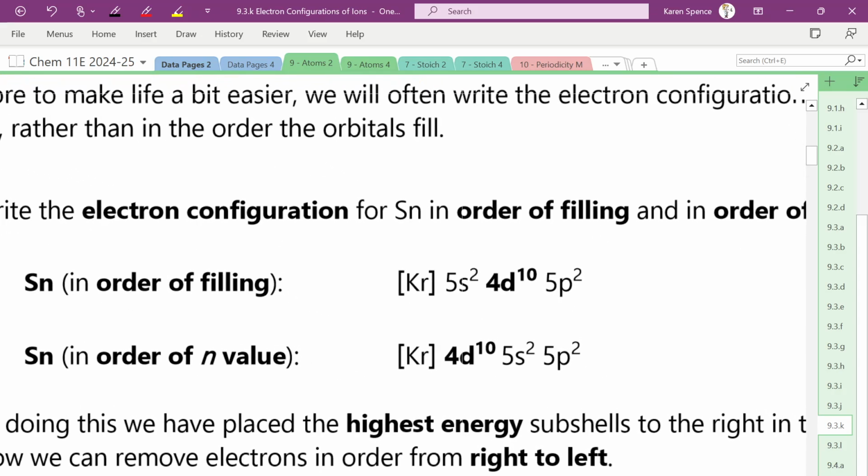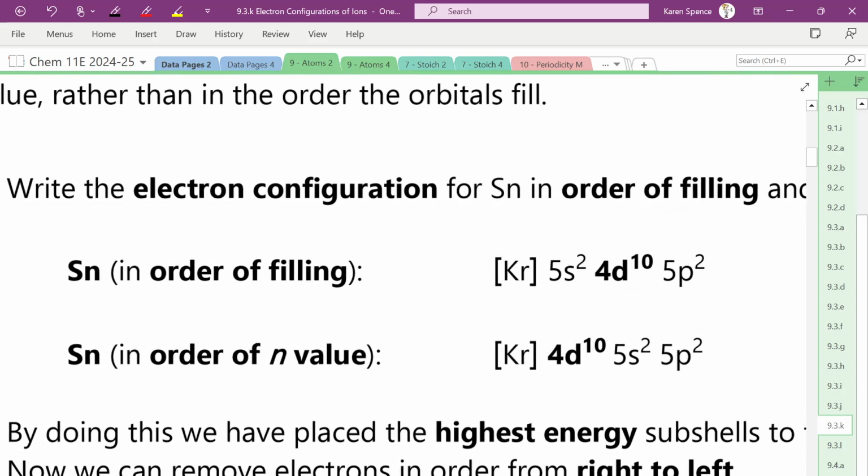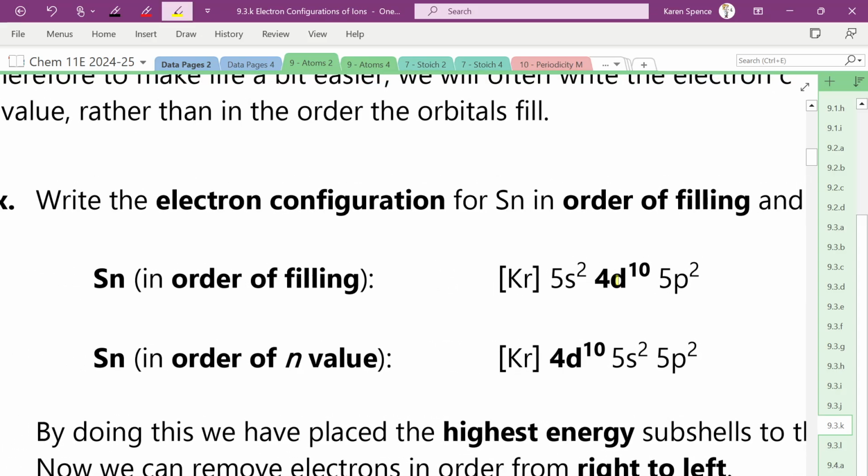So here is Sn in the order of filling. Our 4d10, remember we don't touch those because they are not valence electrons. Now, if we reorder it, all of our valence electrons are together, which is nice.